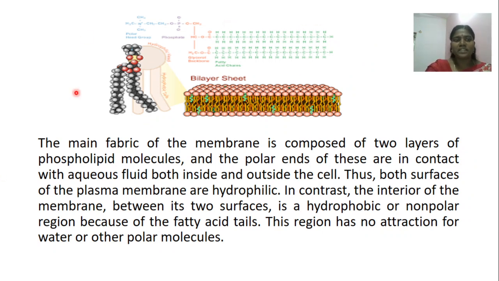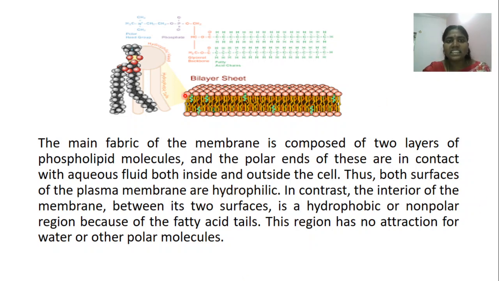As I told you in the previous slide, the main fabric of the membrane is composed of two layers of phospholipid molecules. The polar ends, this region is the polar end, are in contact with aqueous fluid both inside and outside. This is inside and this is outside. The outside surface of the plasma membrane is hydrophilic.